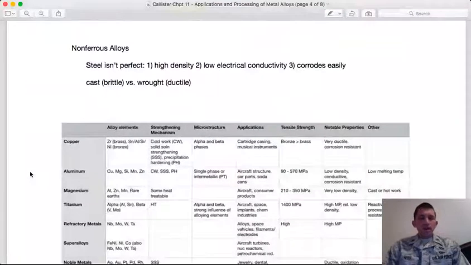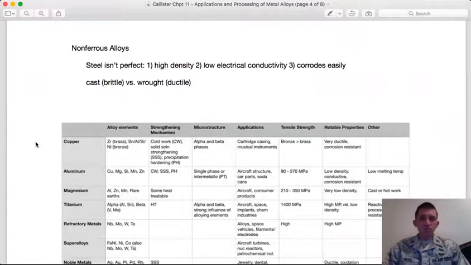So the other half of that tree on the first page is the non-ferrous metals. Steel isn't perfect. For one thing, it's really heavy, so a high density, which isn't ideal for many applications. It also has a relatively low electrical conductivity, at least for metals.